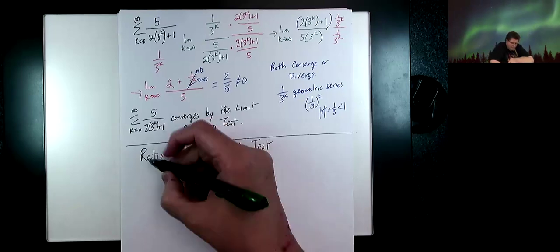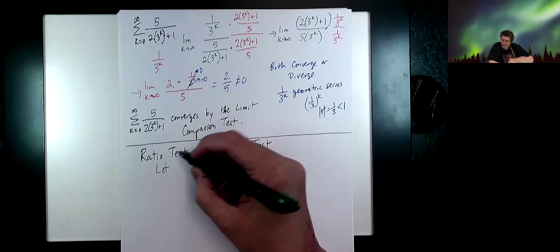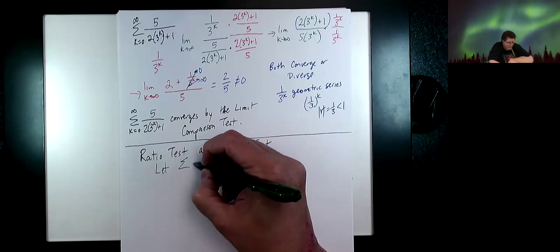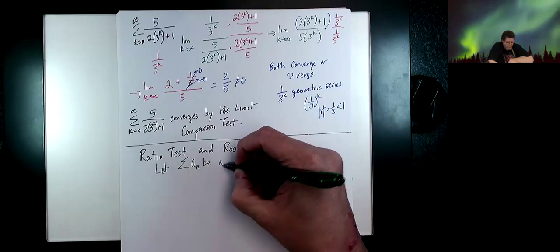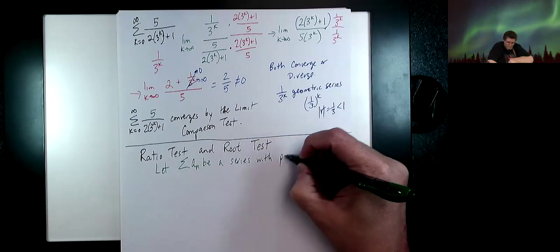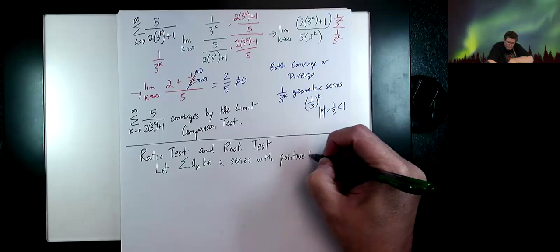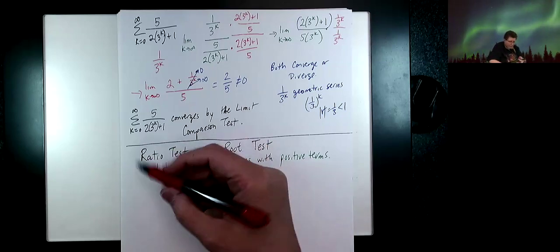So let the summation of A sub n be a series with positive terms. This next step has two different ways we're going to look at it.